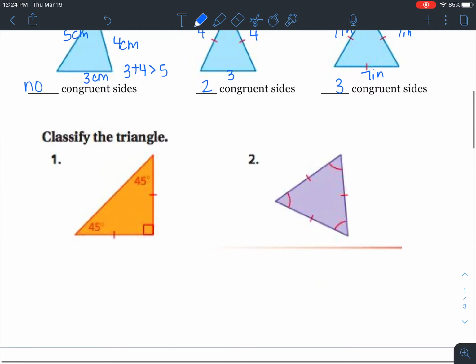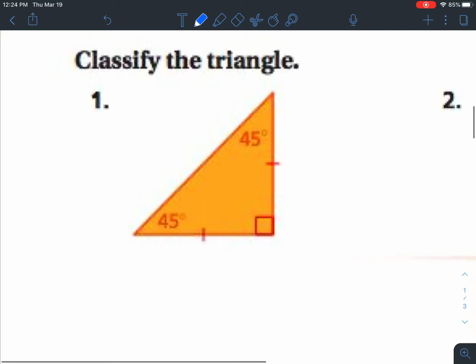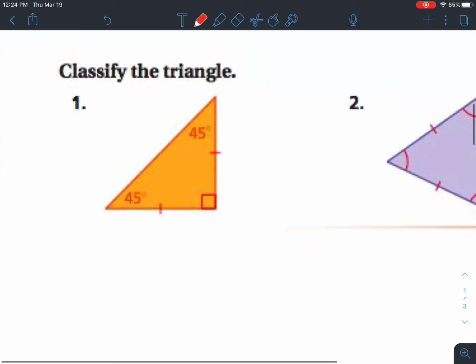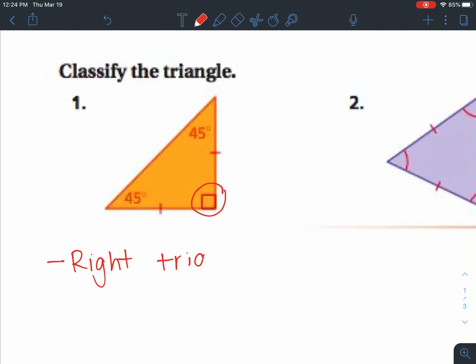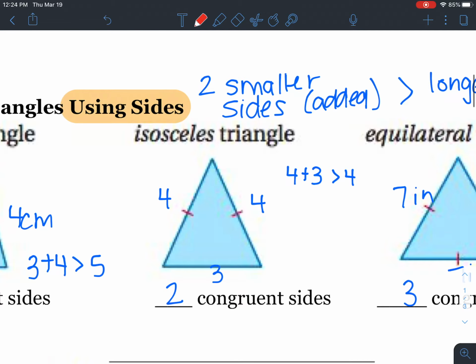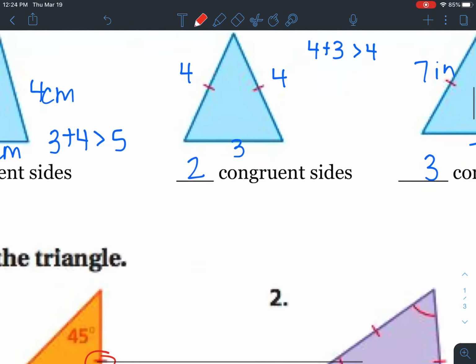So let's try these. So there should be two classifications, one for the angles and one for the sides. So for this one, it has that square in the corner. So it's a right triangle based on the angles. And then these little marks mean that those are the same. So two congruent sides, that was isosceles triangle.